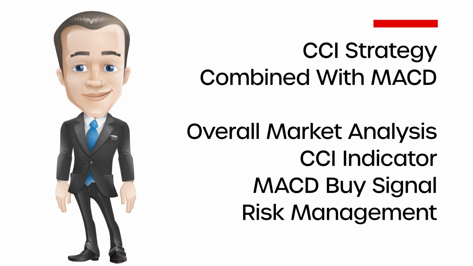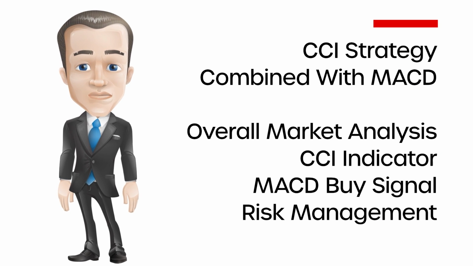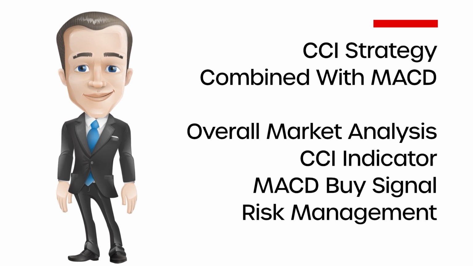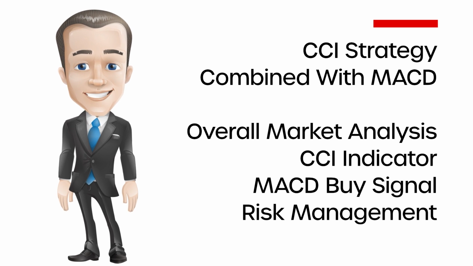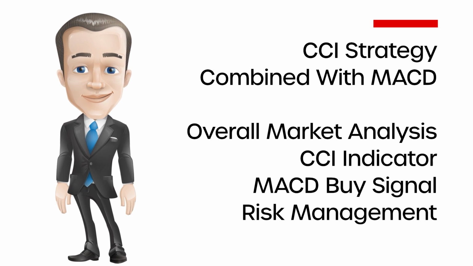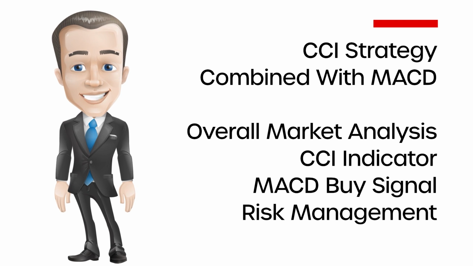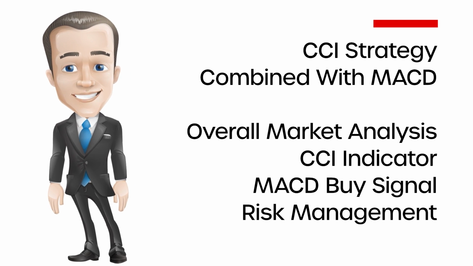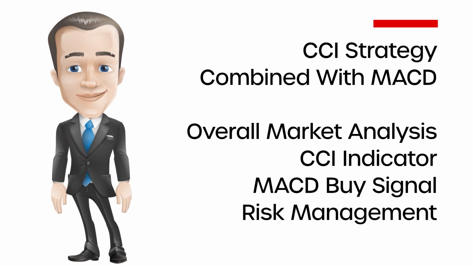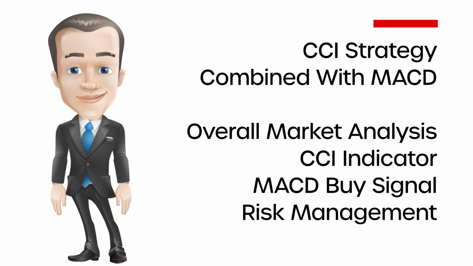Key takeaways. The 3 main rules is, first, focus on the macro picture of the market. No indicator will be as successful if you do not get this right. So the top-down analysis of the overall market is important.